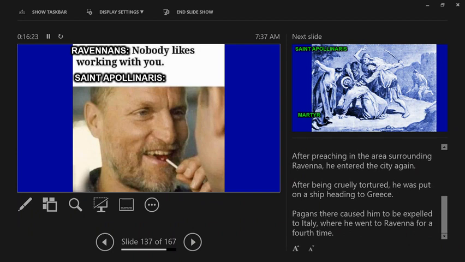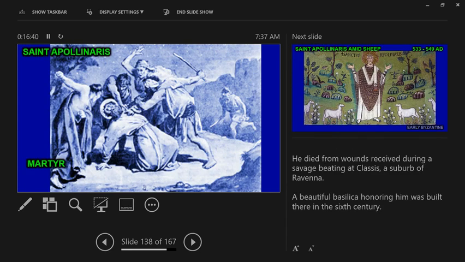After preaching in the area surrounding Ravenna, he entered the city again. After being cruelly tortured, he was put on a ship heading to Greece. Pagans in Greece caused him to be expelled back to Italy, where he went to Ravenna for a fourth time. And so he died from wounds received during a savage beating at Classis, a suburb of Ravenna.